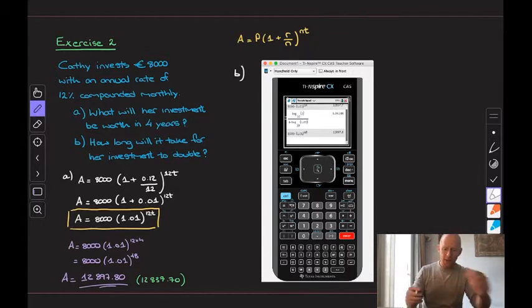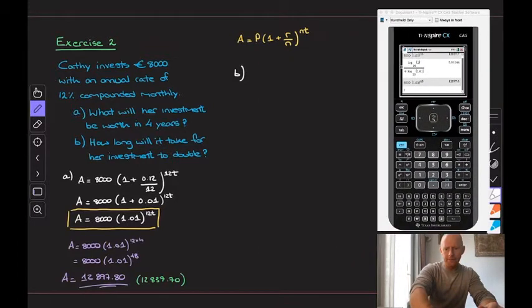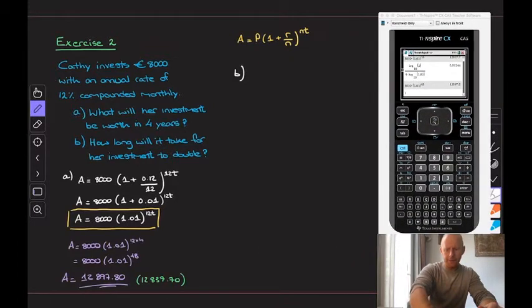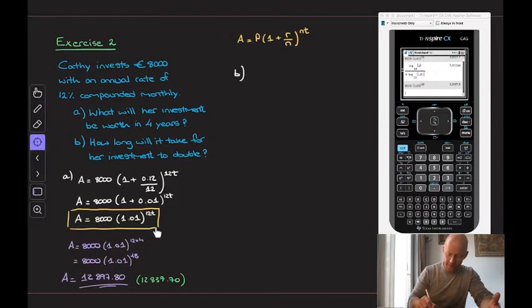So let's see. First I'll move the calculator a tad, like that, okay? We're trying to figure out when this amount A will be greater than double her investment, so greater than 16,000, 2 times her initial investment, right?